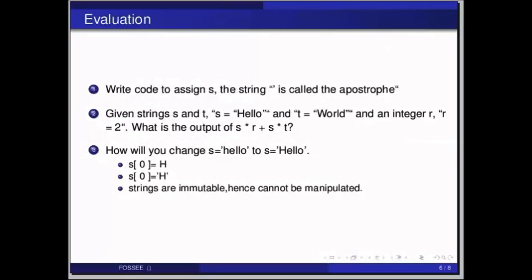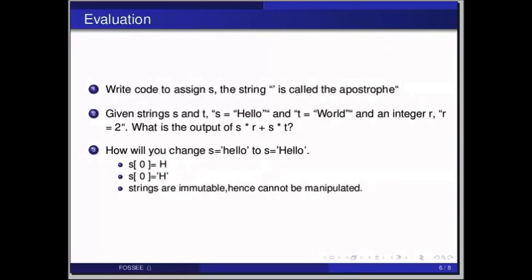Here are some self-assessment questions for you to solve. First one, write code to assign s the string "Python's", with the apostrophe. Second one, given strings s and t, s is equal to hello and t is equal to world, and an integer r is equal to 2, what is the output of s multiplied by r plus s multiplied by t?